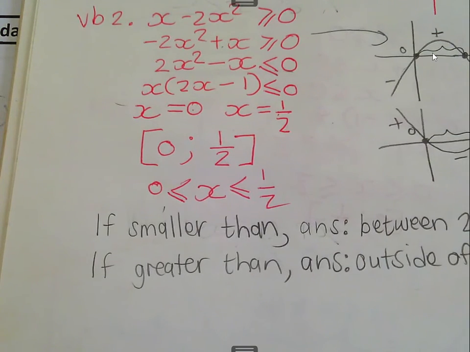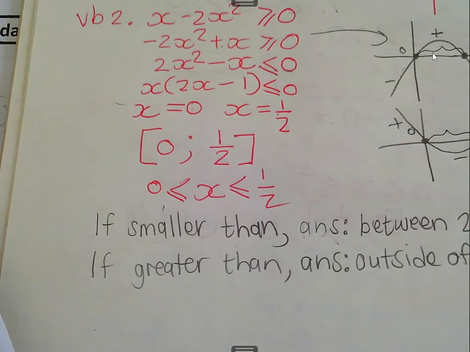I promise you, it's quick. You factorize, then you say, are they in between? Are they outside? You don't draw sketches, you don't do nothing. Get it in standard form, factorize, smaller than, in between, greater than, they're on the outside. It will take you no longer than 20 minutes, I promise you, okay?